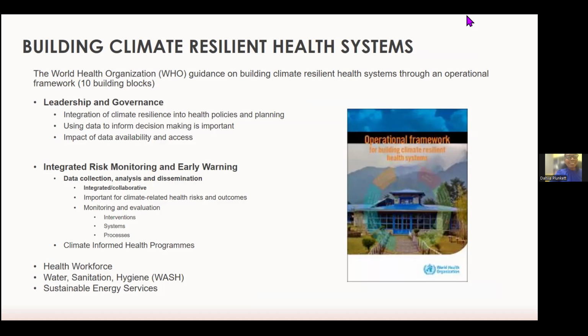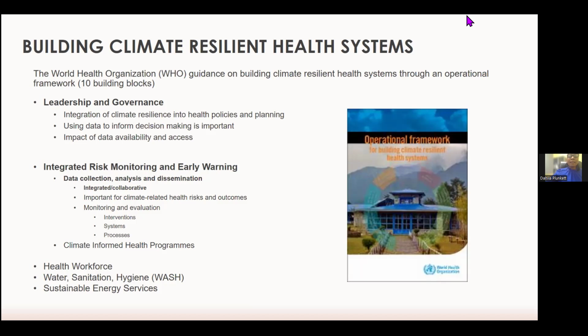We won't be looking at all 10 today, but those that really speak specifically to data gathering and data sharing. And I have 5 here, including health workforce, water, sanitation, and hygiene, sustainable energy services. But I want to emphasize leadership and governance, integrated risk monitoring, and early warning.